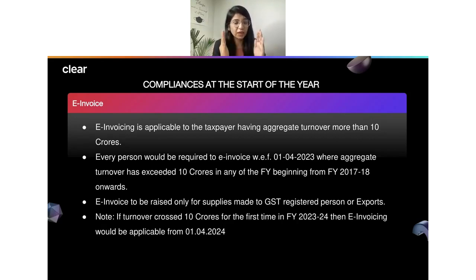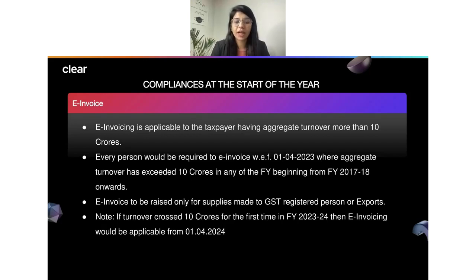So in this case, e-invoicing is applicable for all of your GSTINs under that PAN, irrespective of whether a particular GSTIN may have turnover less than the threshold limit. Doesn't matter. We always have to check at a PAN level. When we check at a PAN level and the limit has exceeded, now you are required to generate the IRN for all of your GSTINs for all the B2B and the export documents.